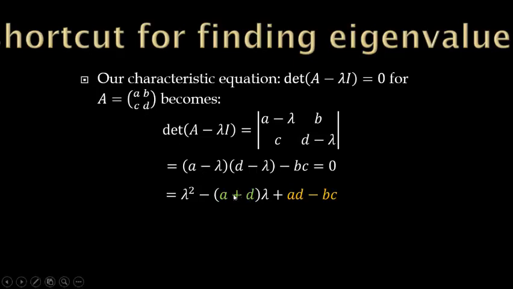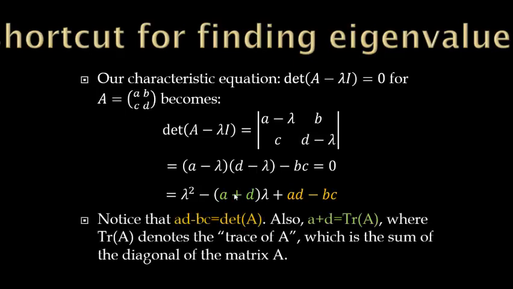It's a well-known value of a matrix, simply adding up that main diagonal. So the shortcut that I want to mention is that every single time, your characteristic equation is of this form: lambda squared minus your trace times lambda plus the determinant of that matrix.